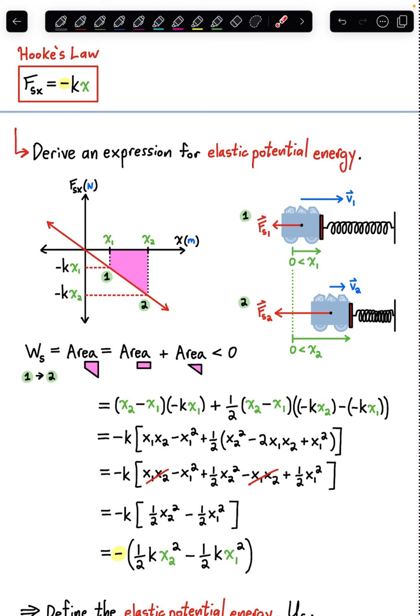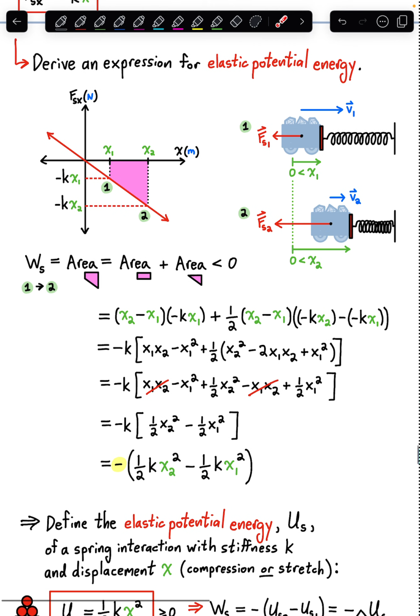We'll break up that region into a rectangle and a triangle, and add up those two areas. The area is below the zero axis, so we expect that it represents a negative amount of work. Negative work makes sense because we are removing kinetic energy and converting it to spring potential energy, or elastic potential energy.